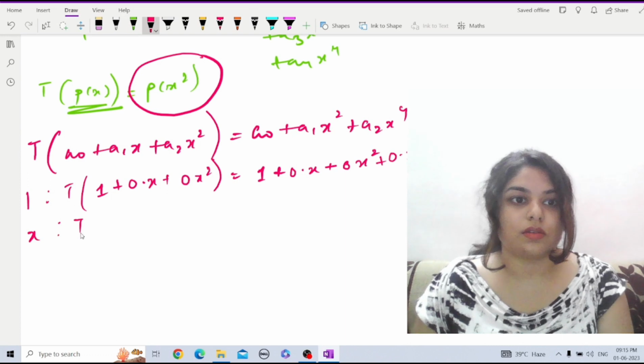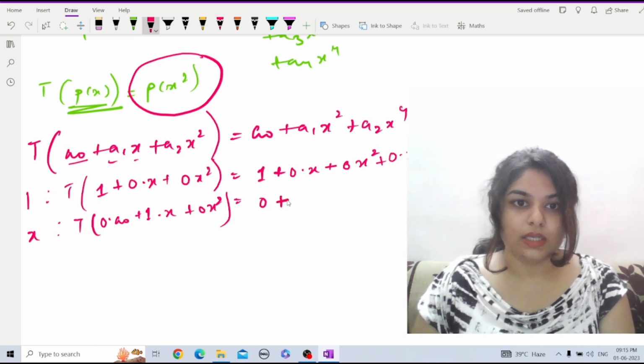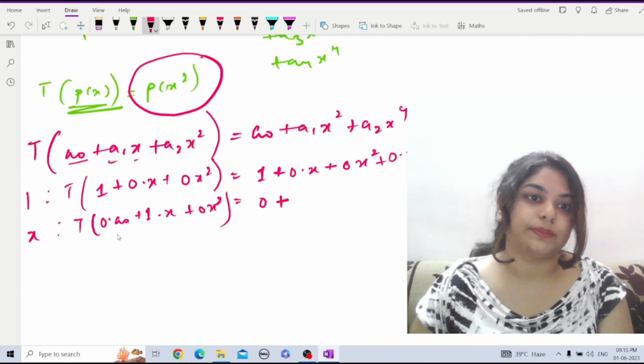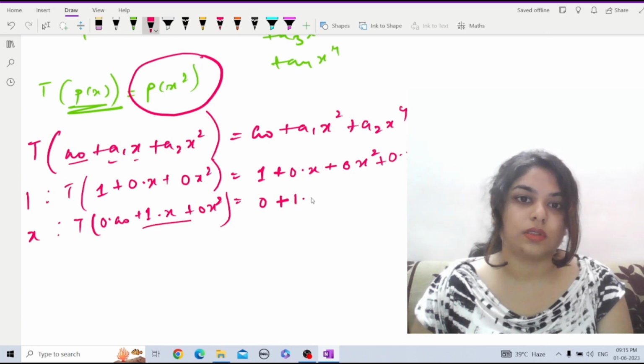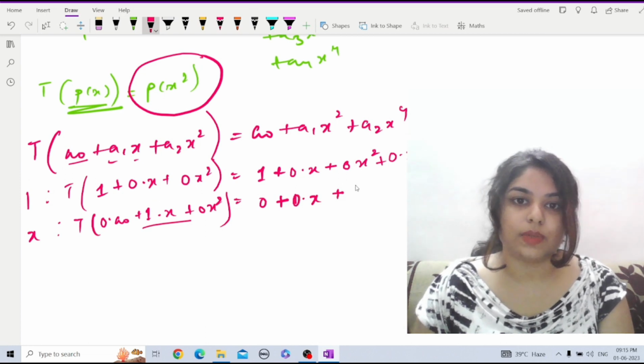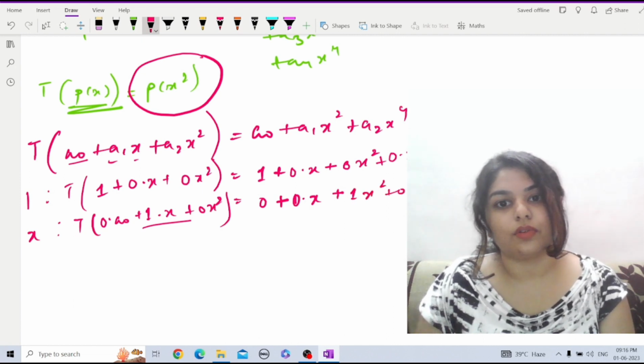When it is x, a1 is 1, so we get 0 + 0x + 1x^2 + 0x^4.